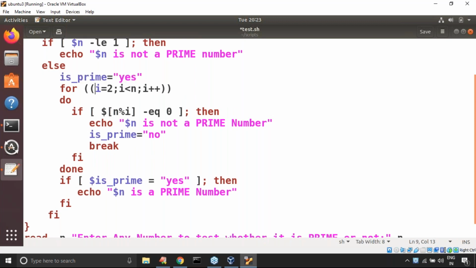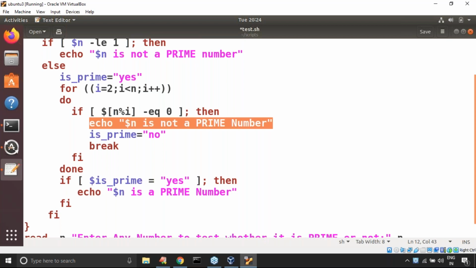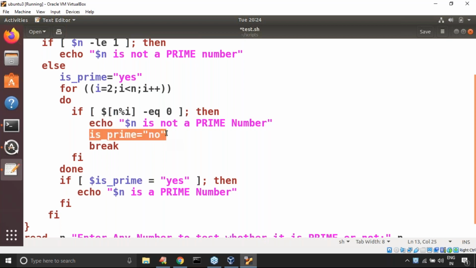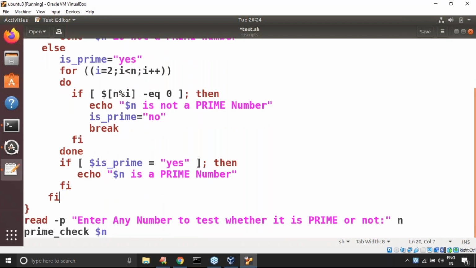Going from 2 to n minus 1, if you find any factor, since 1 and n are already two factors, it is not a prime number. Now immediately assign is_prime equals no. Can you please break? You are not required to continue the remaining loop. Next, if is_prime is still yes, it is the prime number.